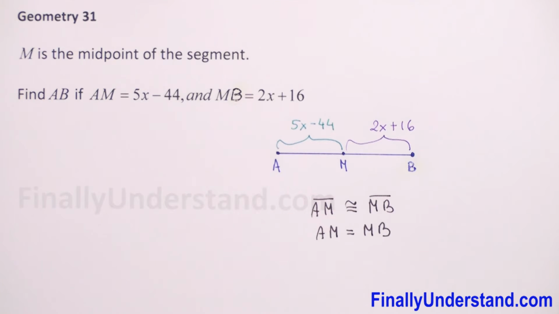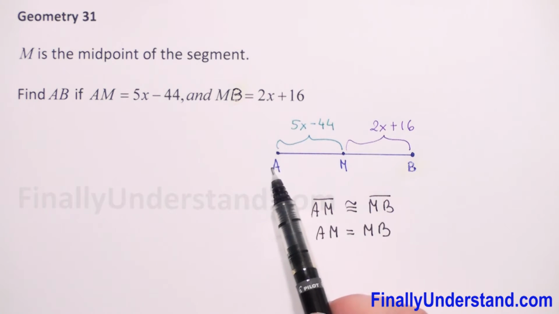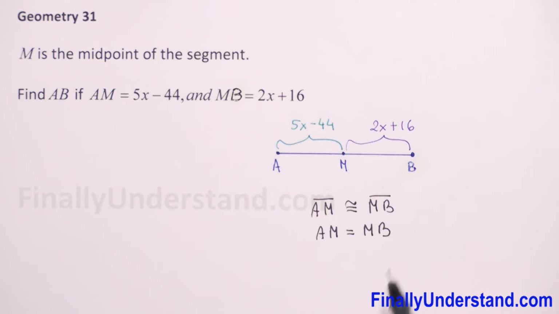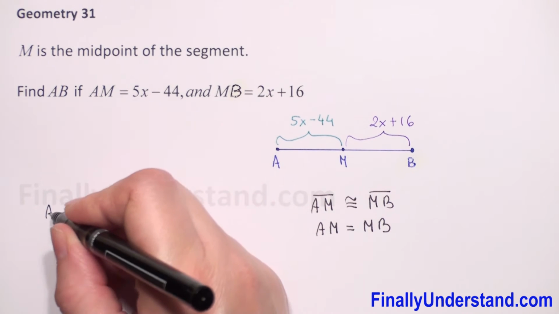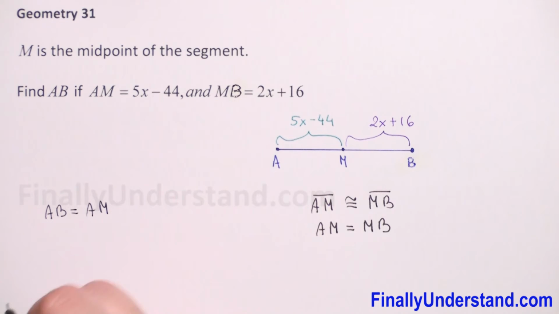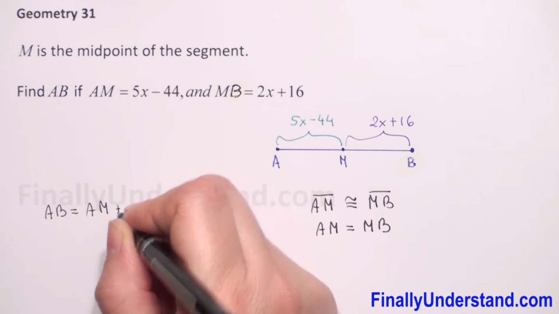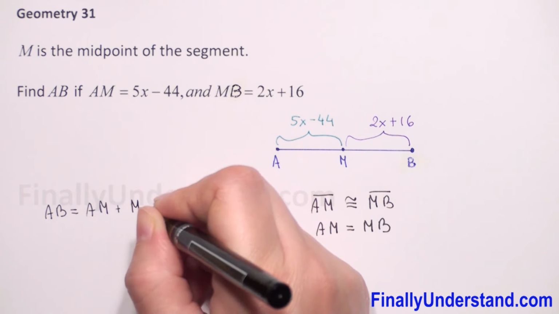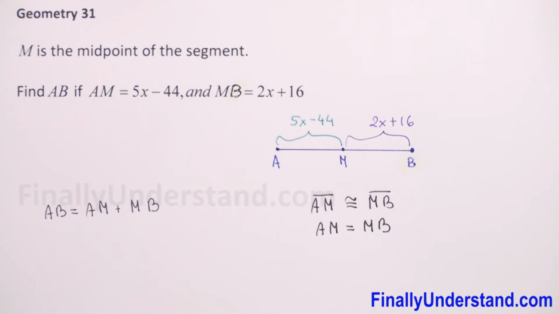We need to find the length of AB. We can write that AB is equal to AM plus MB. And what else do we know? That AM is equal to MB.